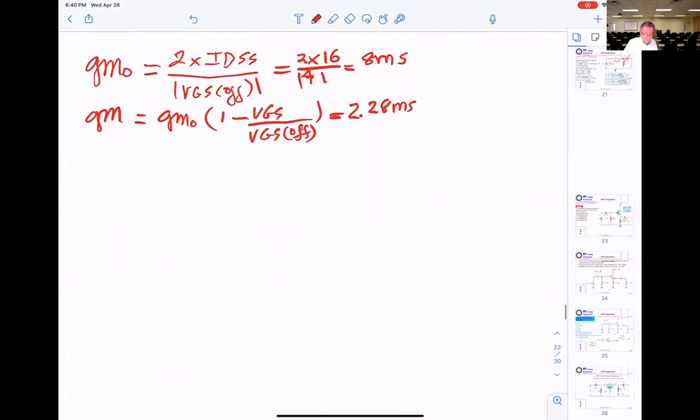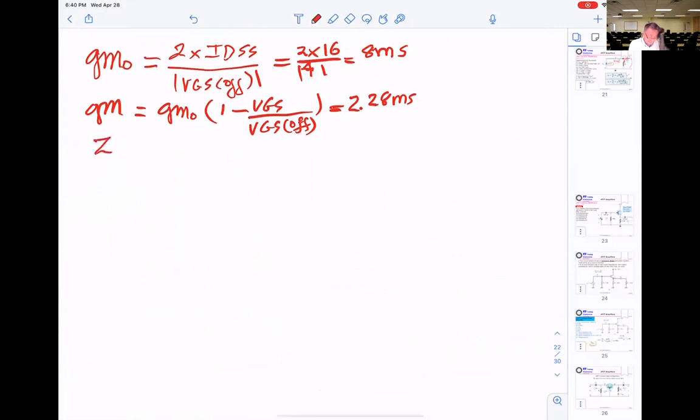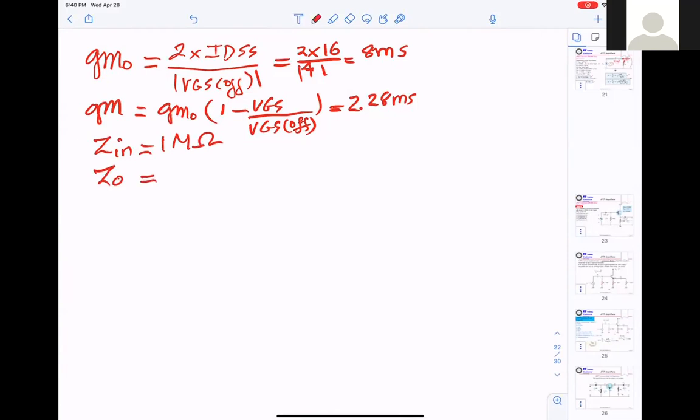Okay, gm is already done. Then they want input impedance. One megaohm. Yeah. And they want output impedance. Okay, output impedance. The formula will be RS parallel 1/gm.